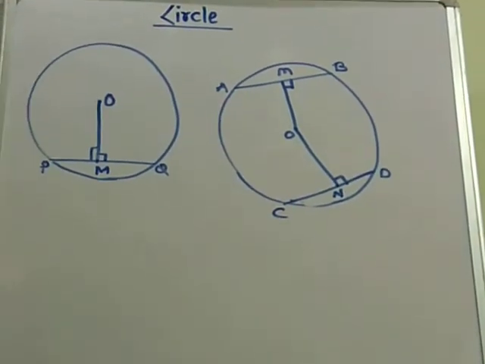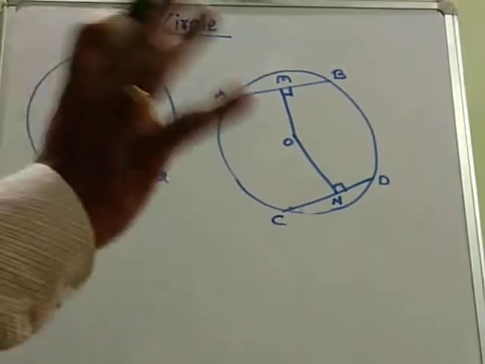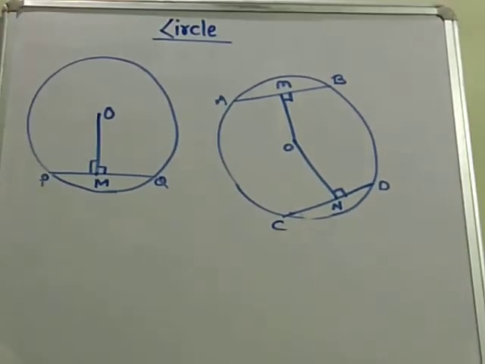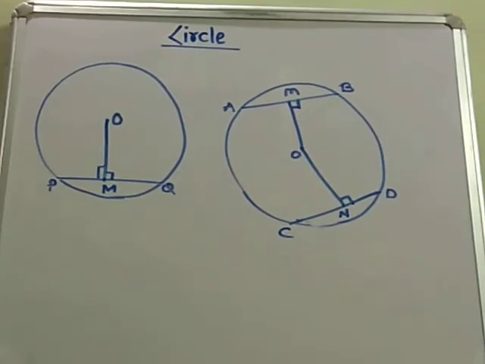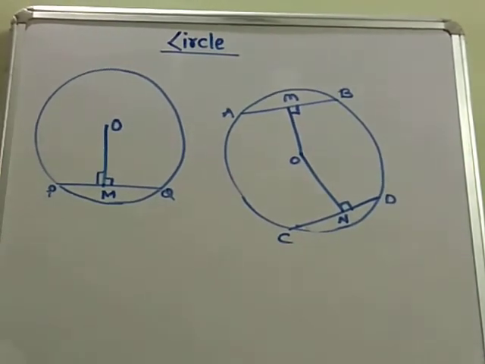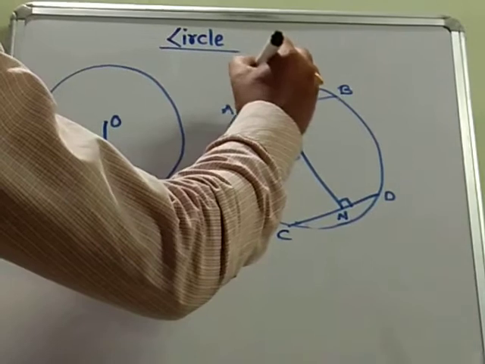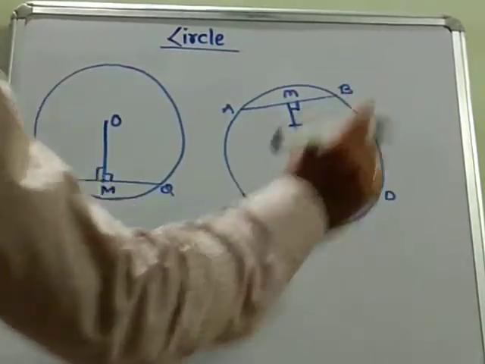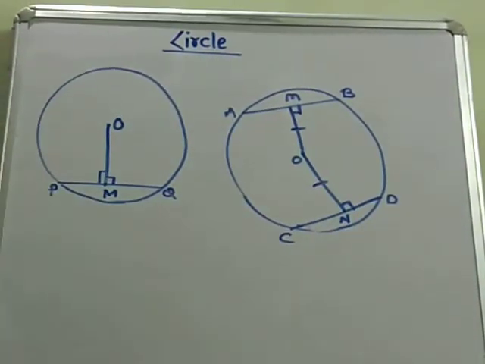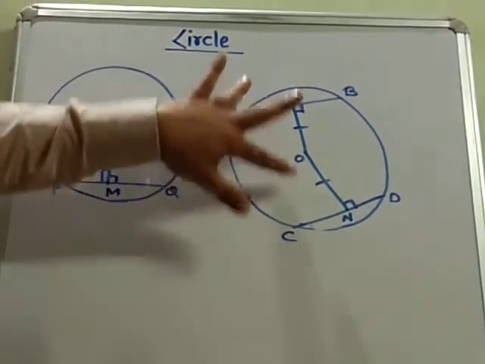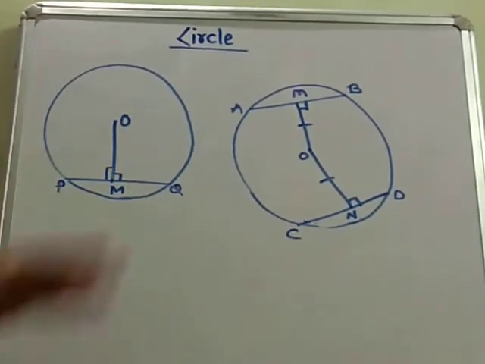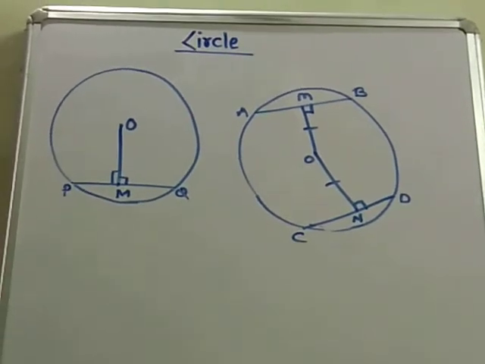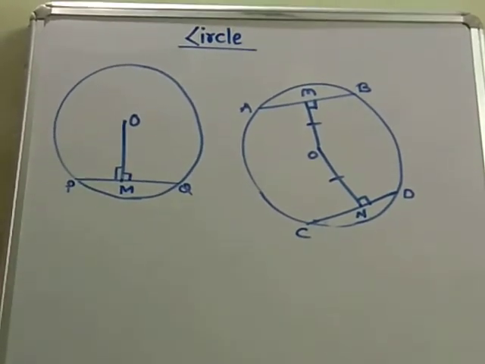Congruent chords are equidistant from the center of the circle. This is M and this is M. This is the third property of the chords. And the fourth property: chords of a circle equidistant from the center are congruent. These two chords are congruent. This is the fourth property which we learned in the previous standards.